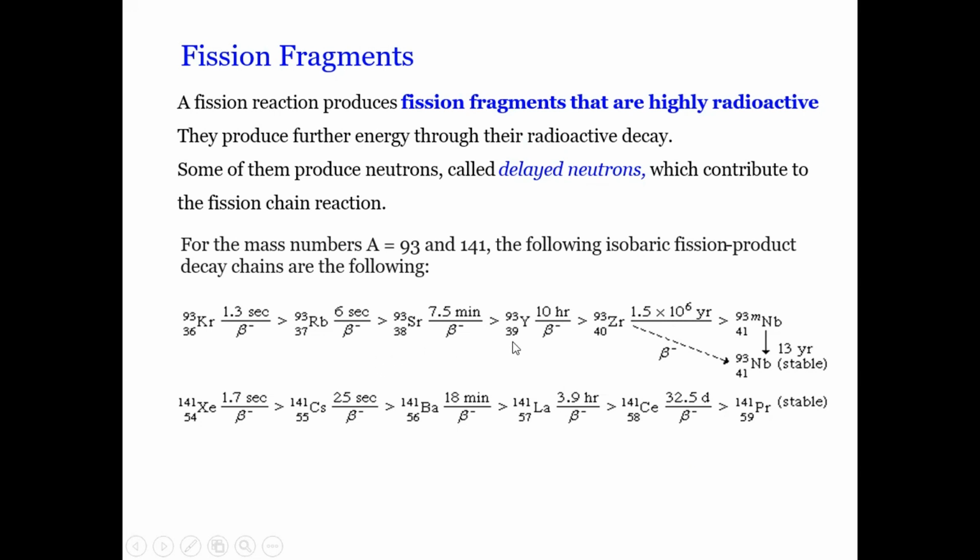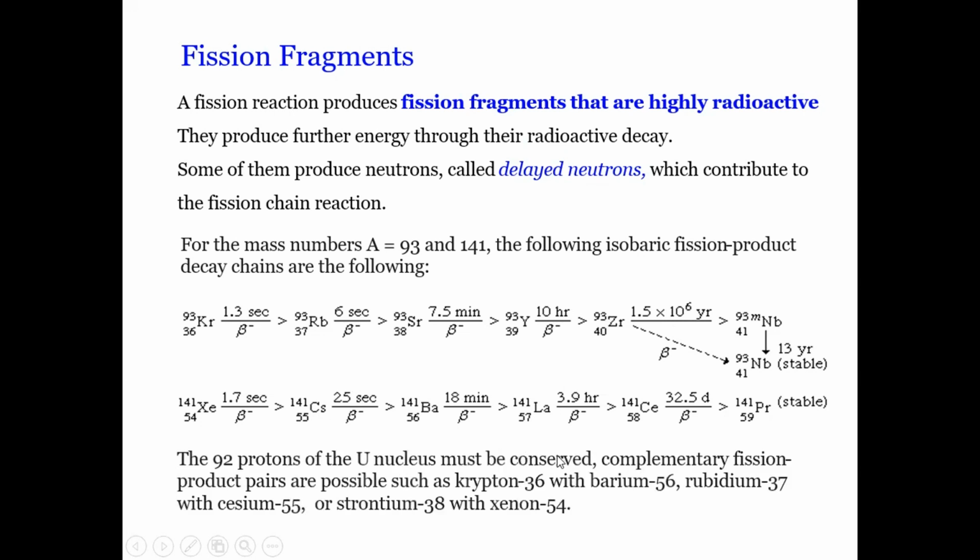So a few of the fission fragments are long-lived, and a few of them are short-lived. Within days, their radioactivity goes up. The 92 protons of the uranium nucleus must be conserved. So fission fragments and the fission products can pair, possibly like krypton-36 with barium-56, rubidium with cesium, strontium with xenon, and so on.